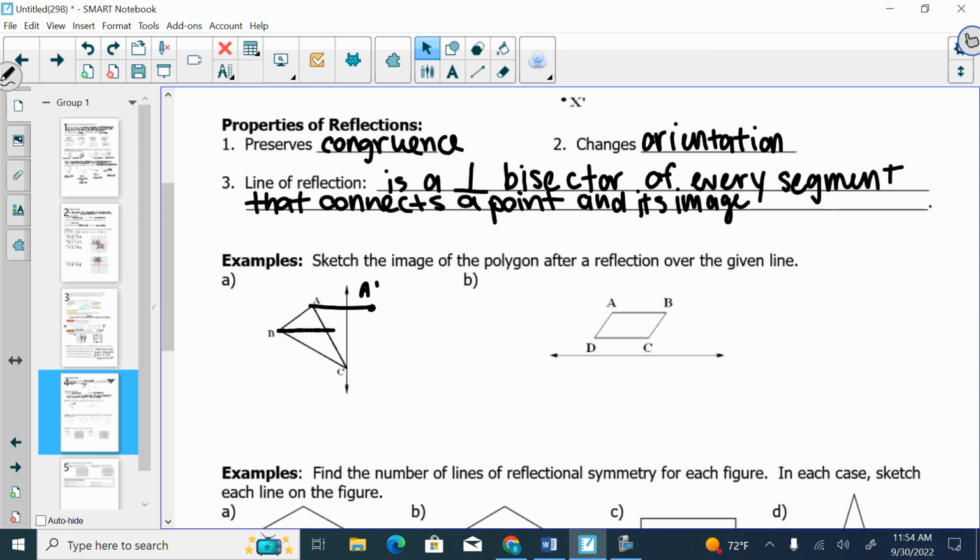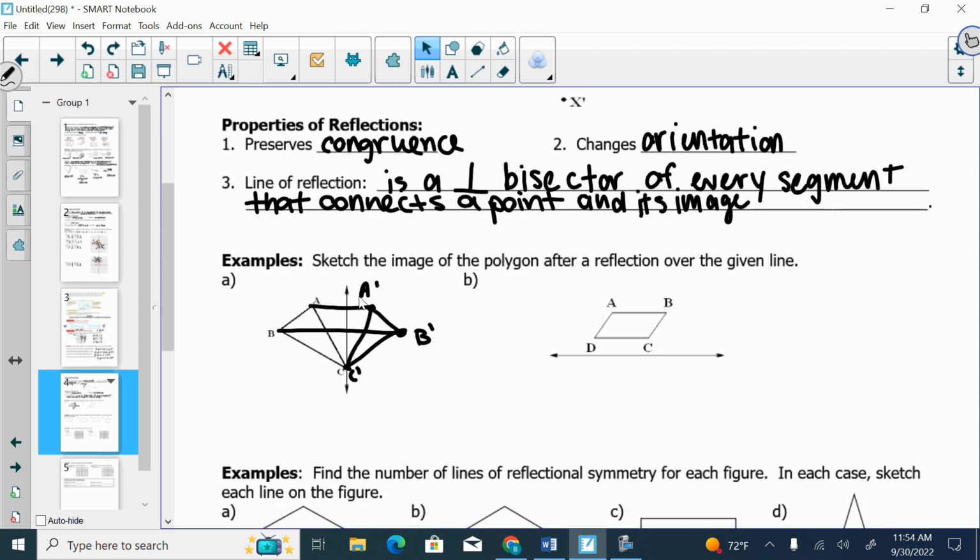Point B should have something pretty much just like it over here that we would call B prime. And then C prime is still going to be on the line just like P was above, right? So if I go in and connect those, it should look pretty similar to the original, right?